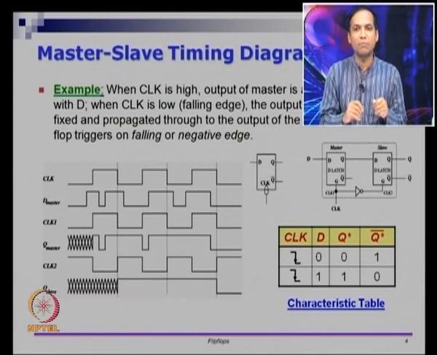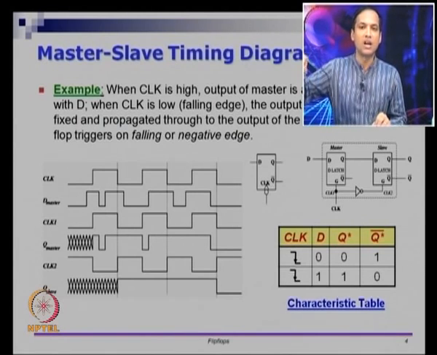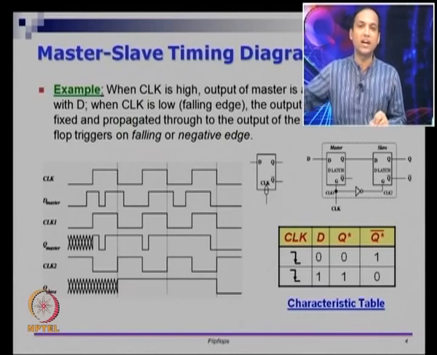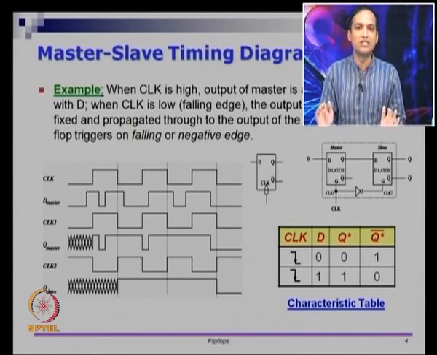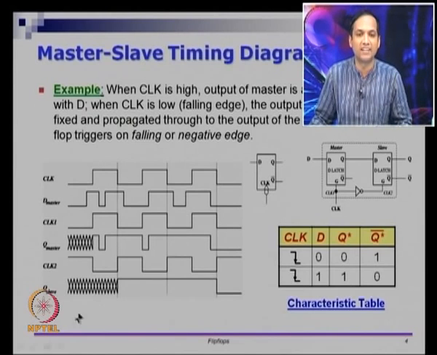Once the negative edge happens, CLK will remain at 0, come back to 1 and remain at 1, and then again go back to 0. That is the periodic nature of CLK. During all these periods, any change in D will not reflect as a change in Q of the circuit. This is my claim. So, let us validate that.